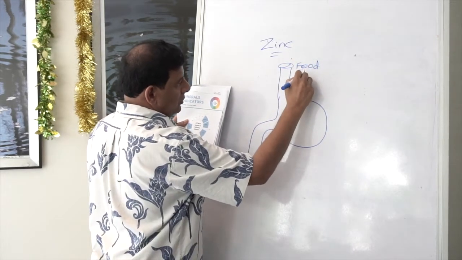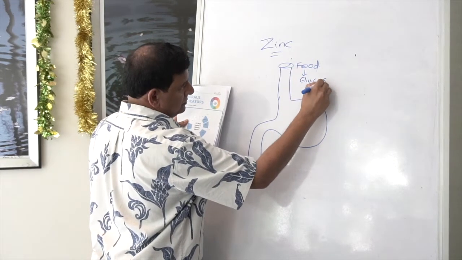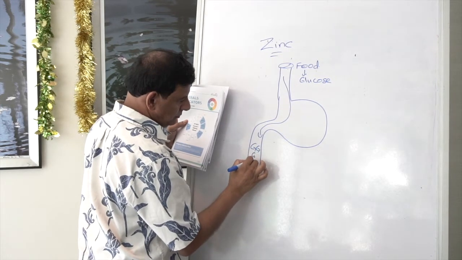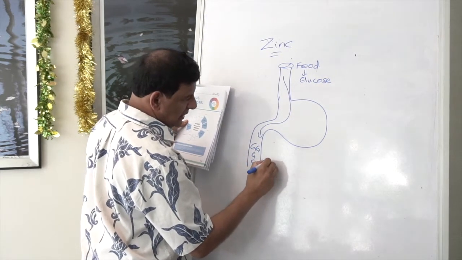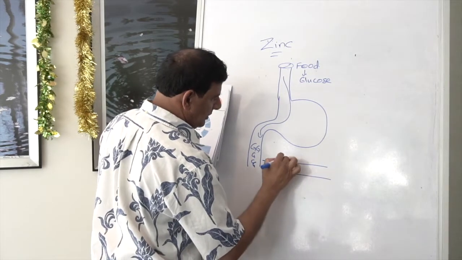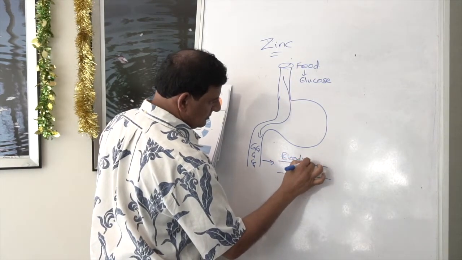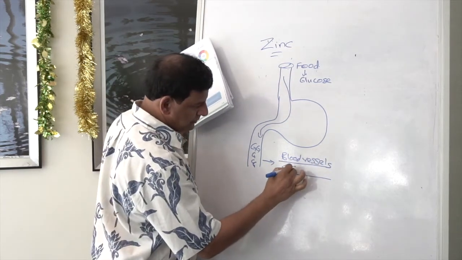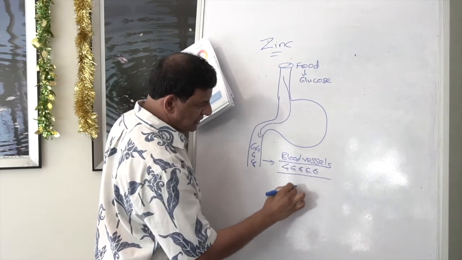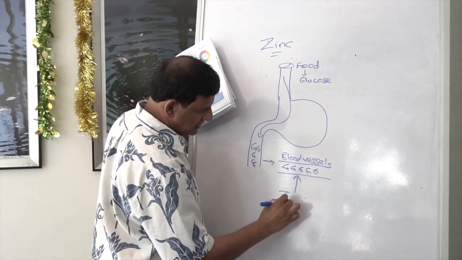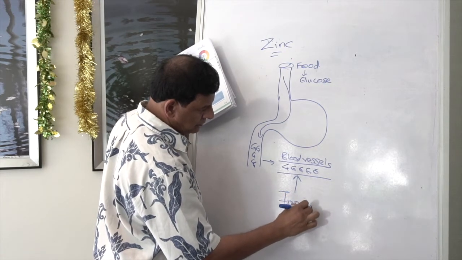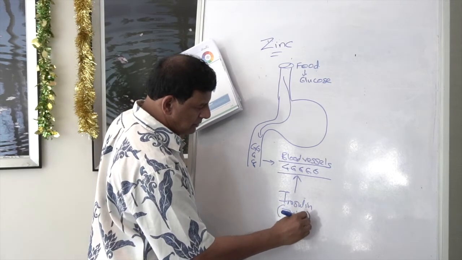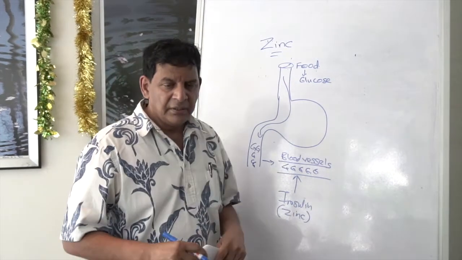Let's say it converts to glucose, enters your body, into the blood vessels, and you have glucose here. Once glucose is released, insulin is released. Insulin requires zinc to transport insulin from the pancreas into the bloodstream.